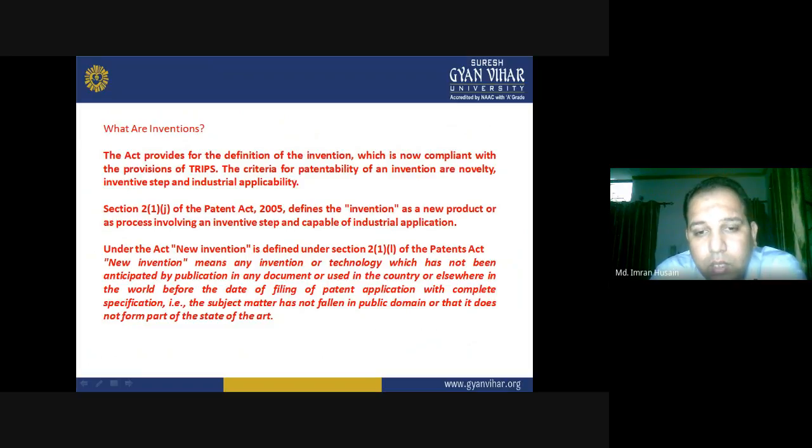That is, the subject matter has not fallen in the public domain, or does not form part of the state of the art. So everything is totally new to the inventor, and nobody else is aware of it. In the current scenario, it means everything has been limited to the inventor, and that is why he or she wants to achieve a patent, because it should not be used by anyone else.